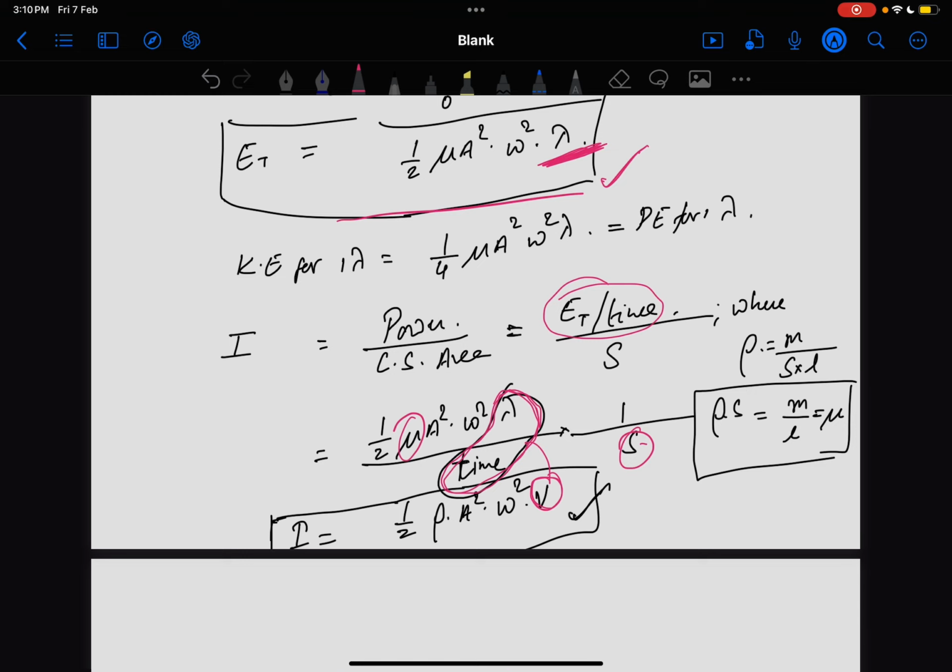And you get over here half mu into a square into omega square into lambda by t, which is v, into 1 by s. Now what is mu by s over here? That is your rho itself. This is the expression for the intensity itself. Half rho a square omega square into v. This part is clear, gentlemen. No doubts are there. Yes? Excellent.